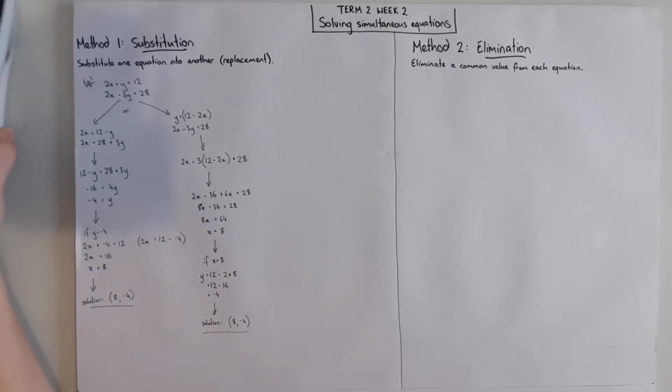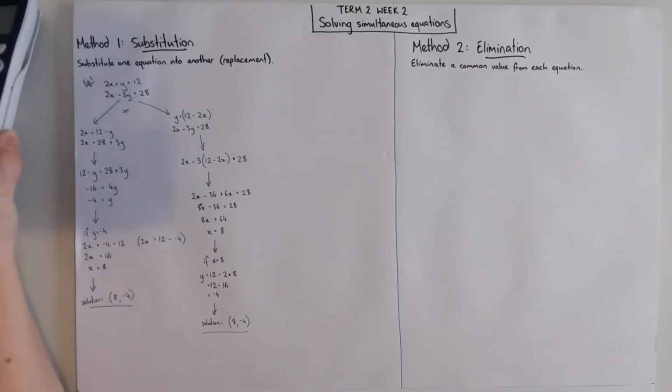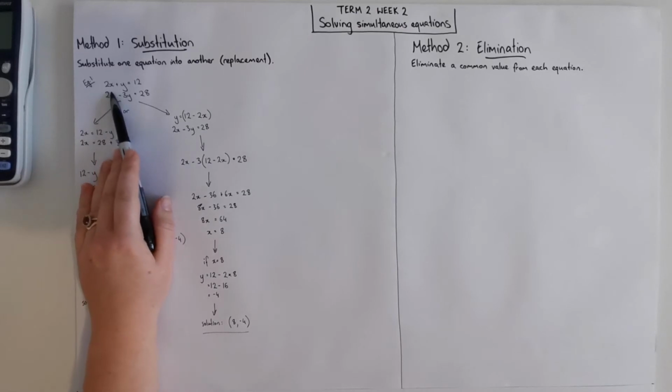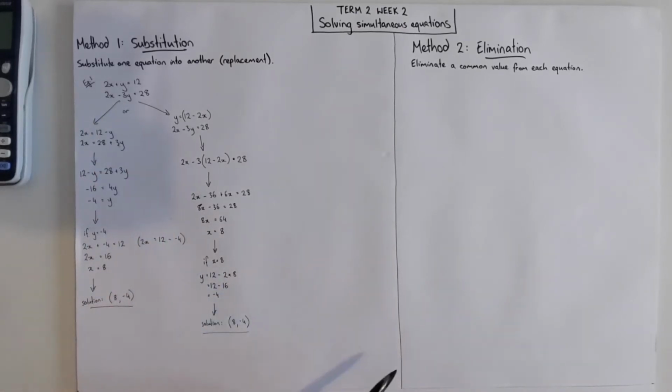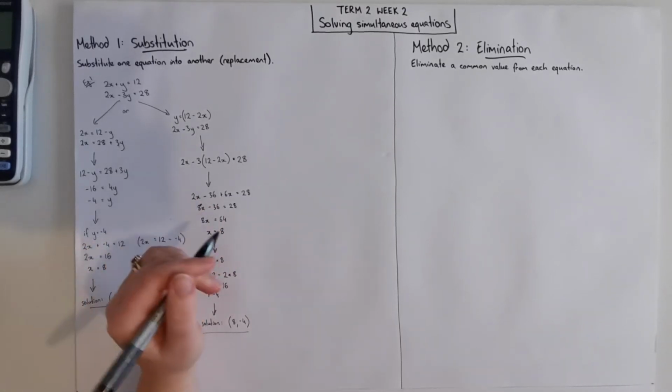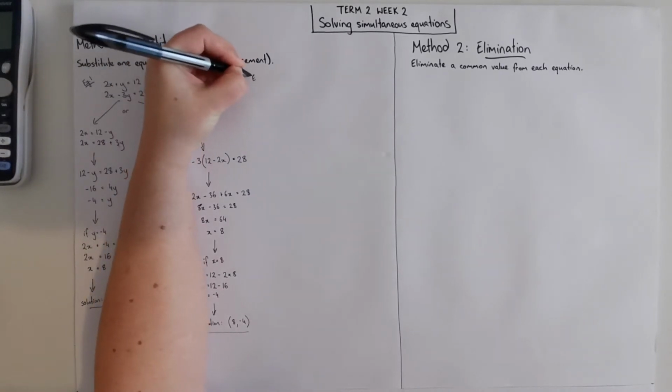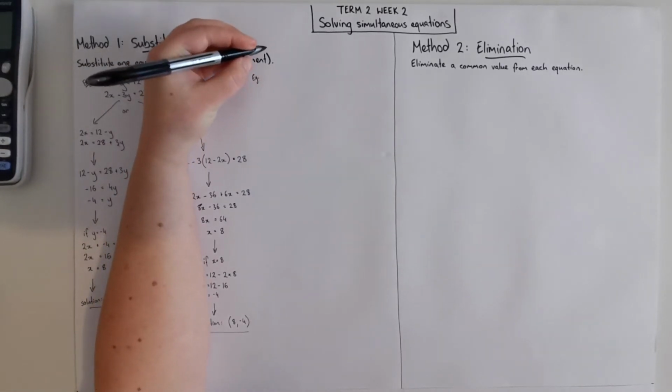If you've got your graphics calculator, or if you have graph paper and felt like graphing any of these, you would find that they were two straight lines that intersected at a single point. Hence that there is only one solution, because these two lines only cross at one point. But what we know from our work in class, even if that was about a month ago, is that we can also work with non-linear equations.